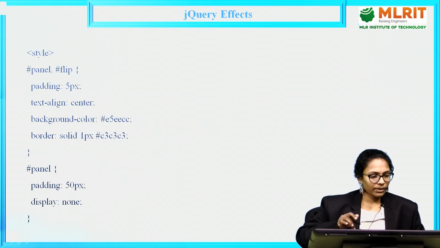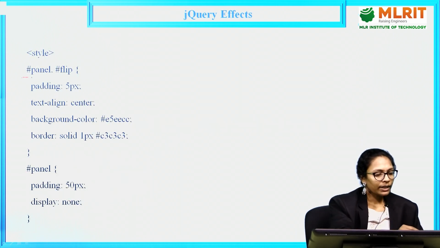We will discuss that here. For these two IDs, panel and flip, I am applying the styles. I have opened the style tag, and for the elements which have these IDs, I am applying the styles. What is the style? Padding is 5 pixels, the spacing. Text alignment is center, background color is the provided color, and border is solid.